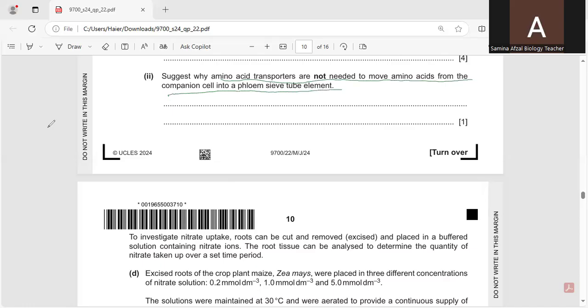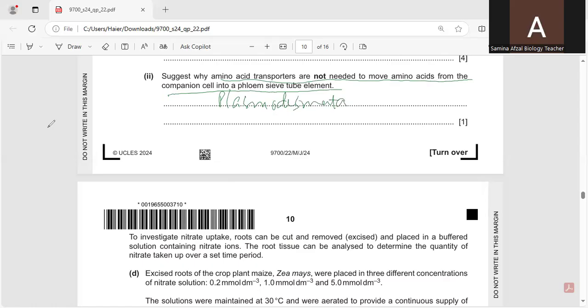Because plasmodesmata are there, and amino acids can move down their concentration gradient by facilitated diffusion. What are plasmodesmata?